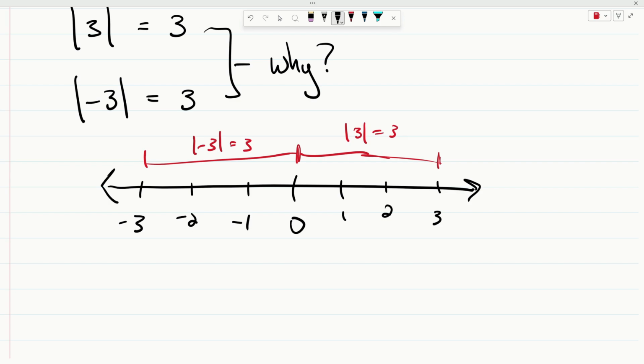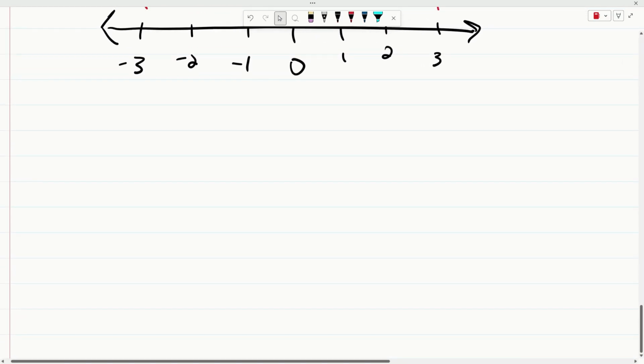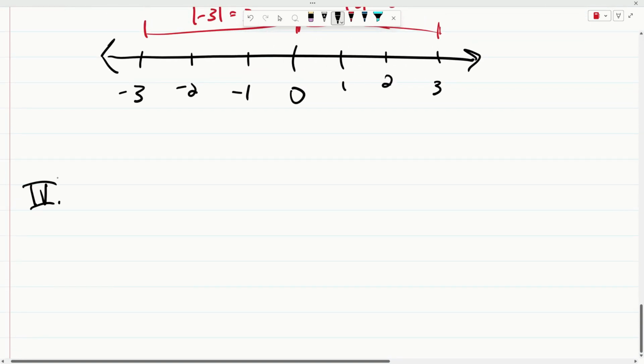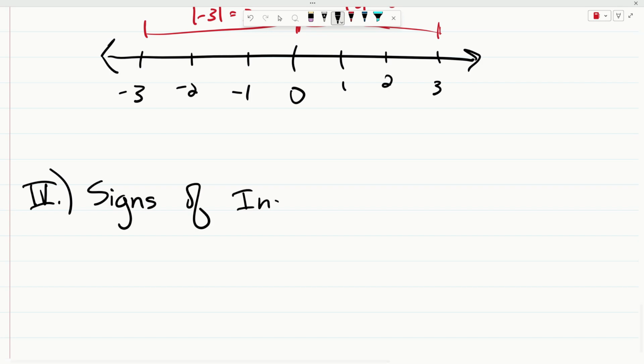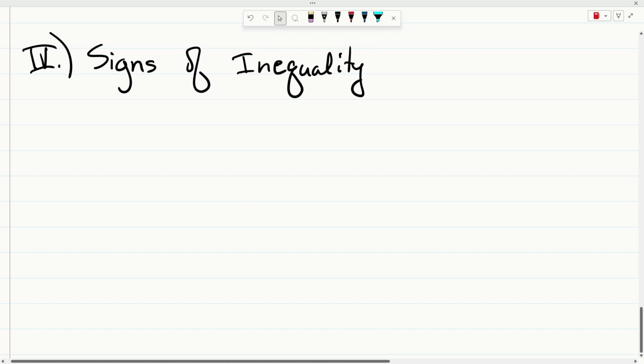So the next thing we're going to go over is the signs of inequality. Now, the signs are nice. I'm pretty sure if I asked everybody here what the signs are, you would nail them. But the question becomes, why do we use inequality signs?